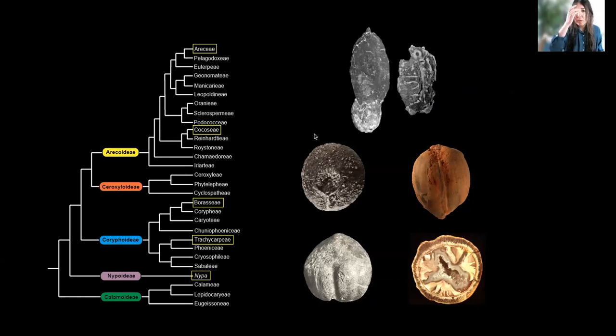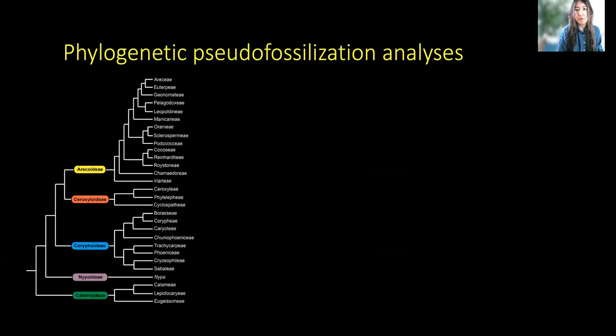But what I think is reasonable to ask is, how do we know these phylogenetic relationships are accurate? And so to test this, we performed a series of what we are referring to as phylogenetic pseudo-fossilization analyses. The idea is that we're analyzing extant taxa in the same way as the fossils to see if we can place them back into the tree accurately based only on the morphological data.